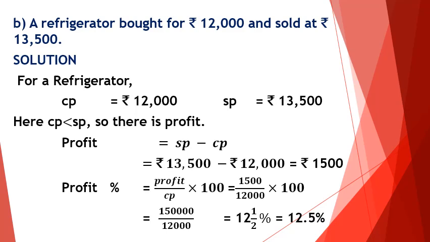So 3 zeros are cancelled and you are getting the numerator as 150 and the denominator as 12. While dividing, you will get it as 25 upon 2. That is 12 integer 1 by 2% or 12.5%. Children, you should show the cancellation in the CW.